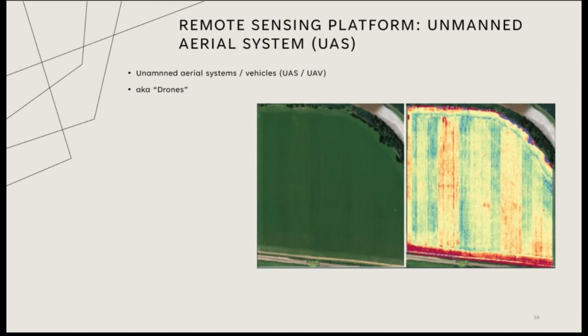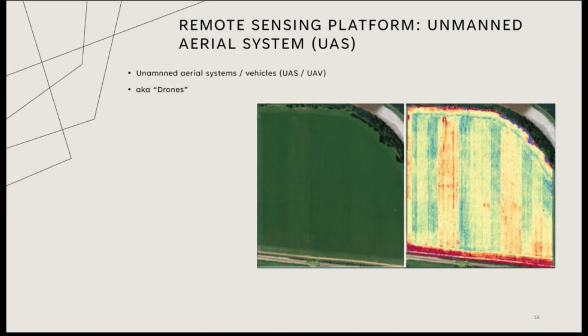Remote sensing platforms, unmanned aerial systems, can also include unmanned aerial vehicles, UAV, and drones, like I mentioned. But there's also drone surveying. This is useful for urban planning and construction applications, site planning, upkeep of infrastructure, like the power lines on the left that you see here, 3D maps of buildings in the middle picture on this slide. And then you can also update property boundaries in cities.